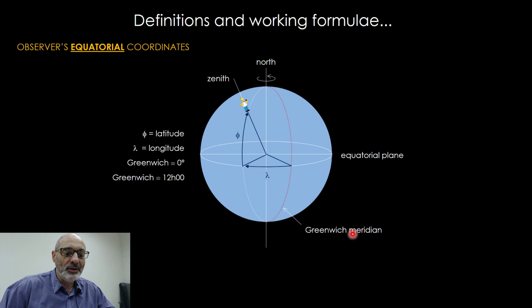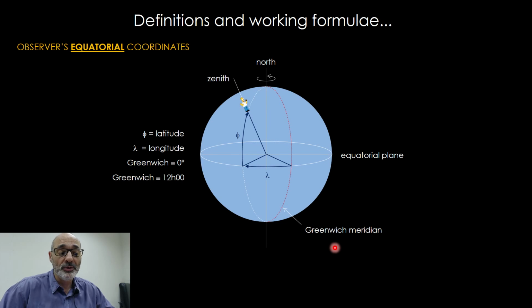Longitude depends on a conventional meridian, which is the Greenwich meridian. Why Greenwich? Because at the time, the British, let's say, ruled the world, and this is related to navigation.